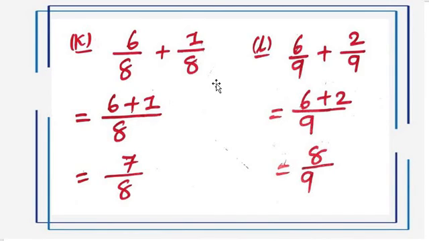So 6 plus 2, how many? 8. So 8 upon 9 is our answer.